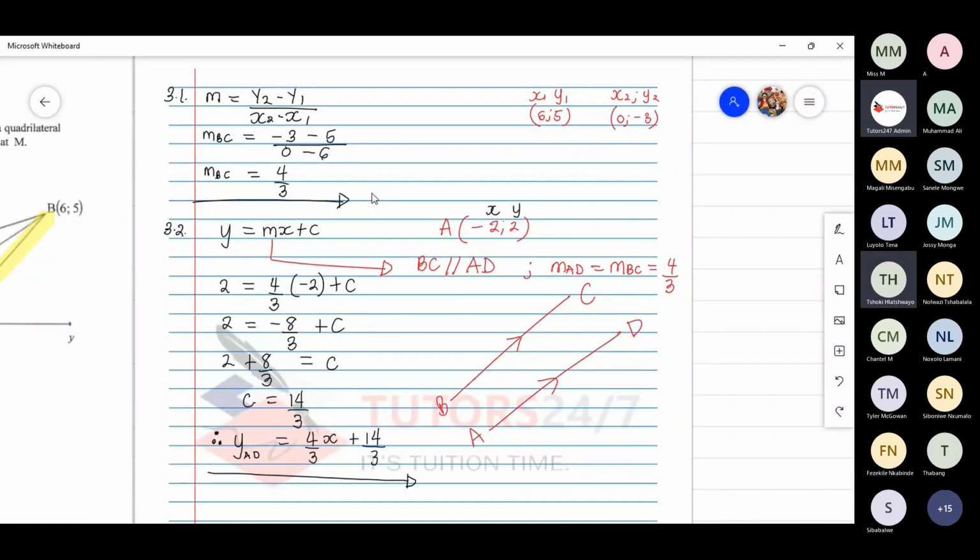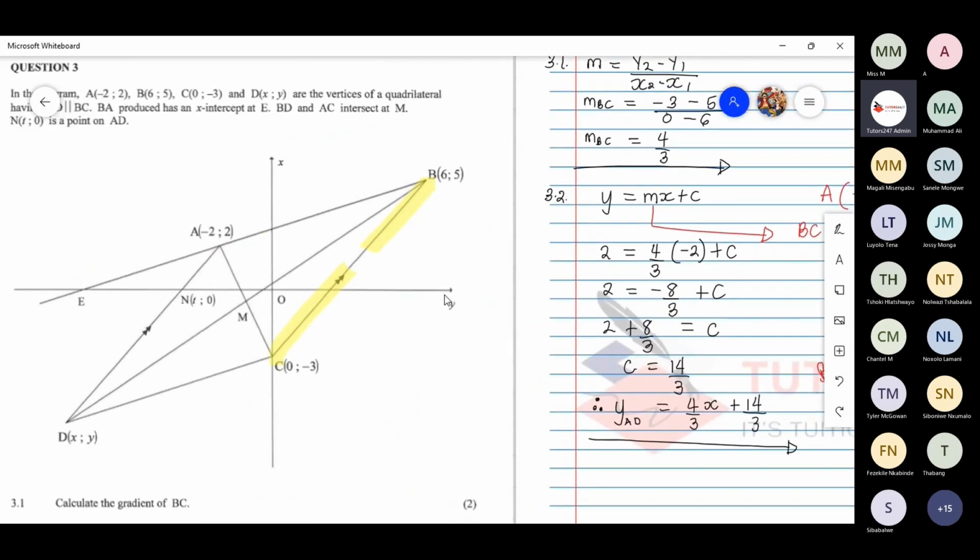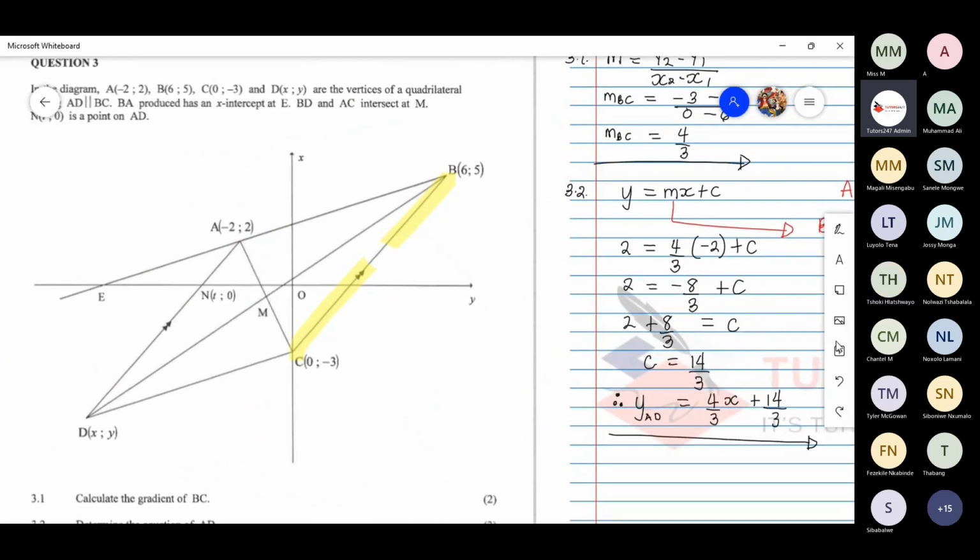It was already calculated previously. The only thing that we needed to do, maybe in most cases, depending on the memo, sometimes it can be awarded 1 mark, is indicate that the lines are parallel, therefore they have the same gradients. Because if you look at the question, do you see, let me highlight it for you.